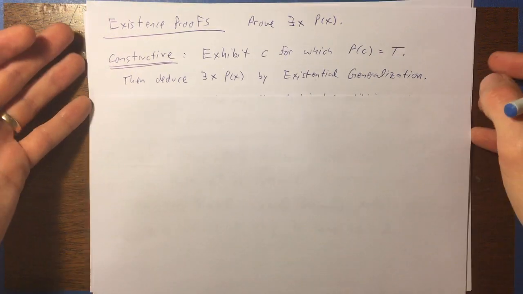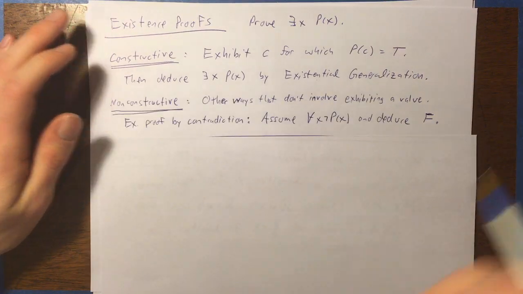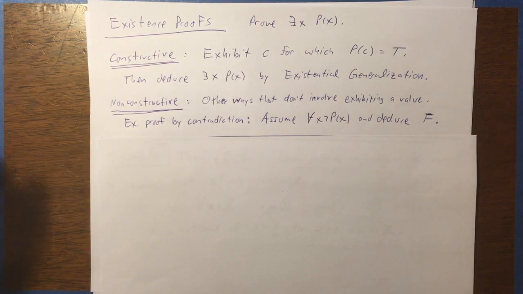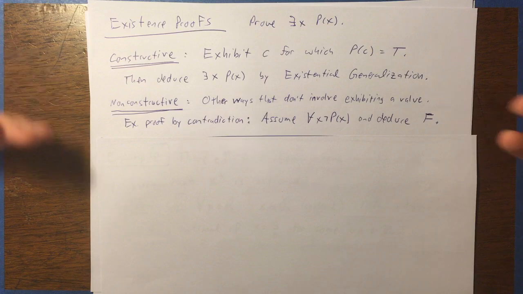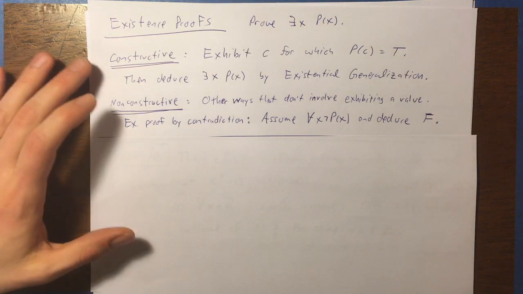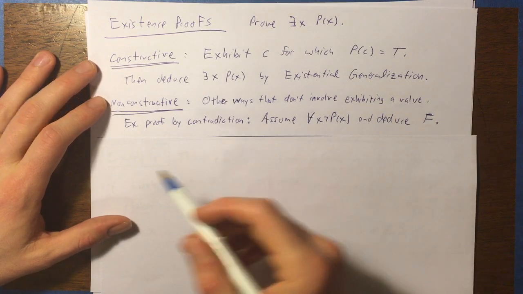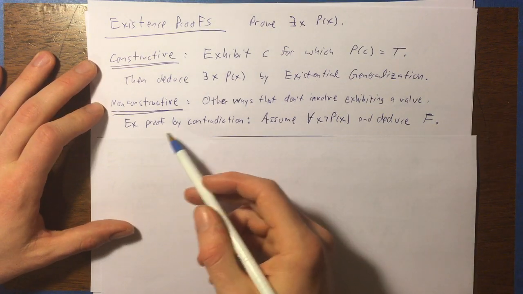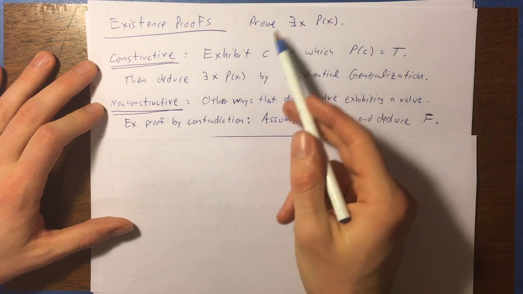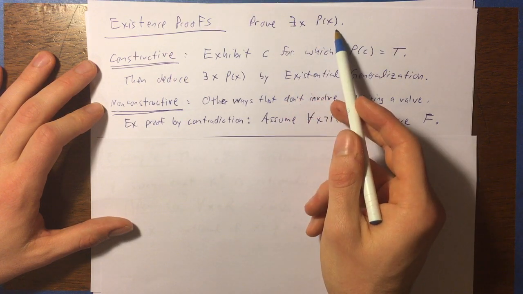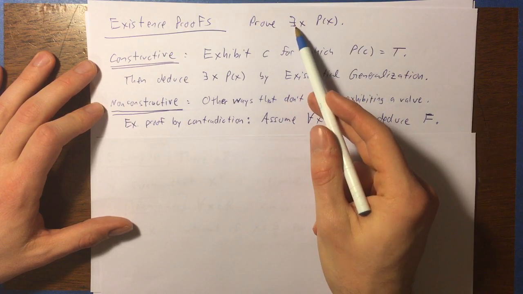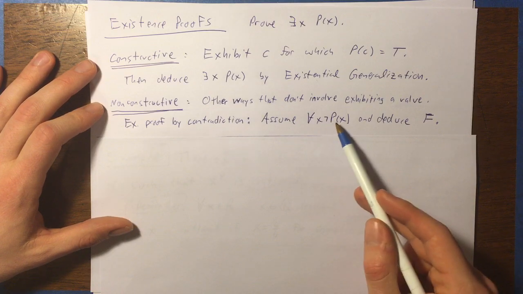Those are pretty straightforward. Then you have non-constructive proofs, which is anything else. Any other way to prove existence that doesn't involve pointing at and displaying a particular instance where it works. An example of a non-constructive proof would be a proof by contradiction. Suppose you assume the negation of this statement, that for all x, not P(x).